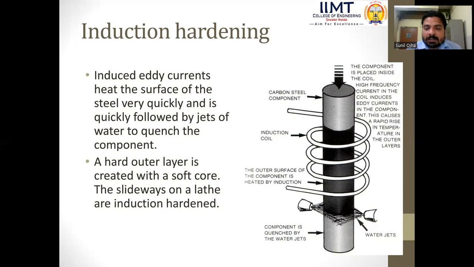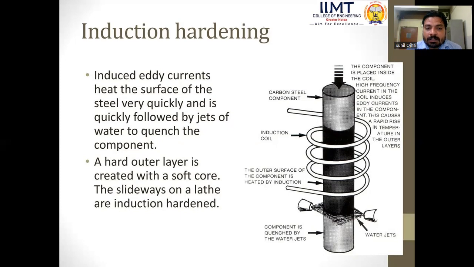This process is very useful for industries where a higher production rate is required, because it is quickly controlled and operated. A hard outer layer is created with a soft core.